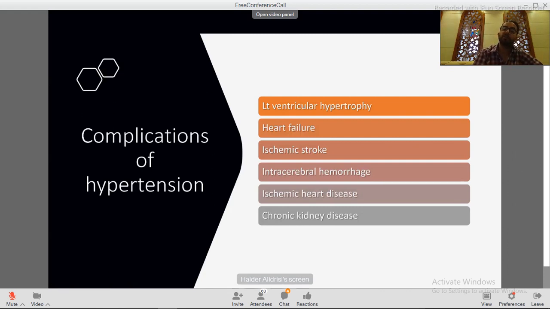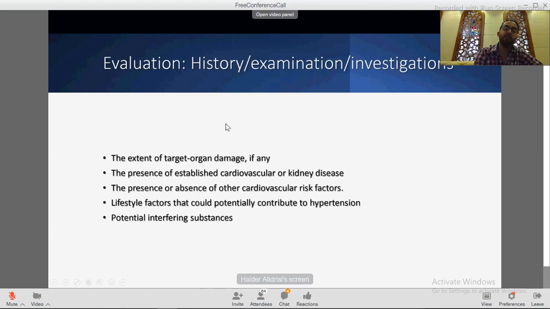Hypertension can also result in intracerebral hemorrhage, ischemic heart disease, and chronic kidney disease. But the good news is that correct and accurate treatment of blood pressure, especially if the patient remains compliant with his medication, can prevent all these complications. If you have a patient with hypertension, the evaluation should include history, examination, and investigations.